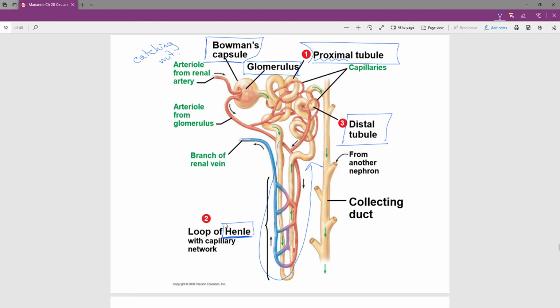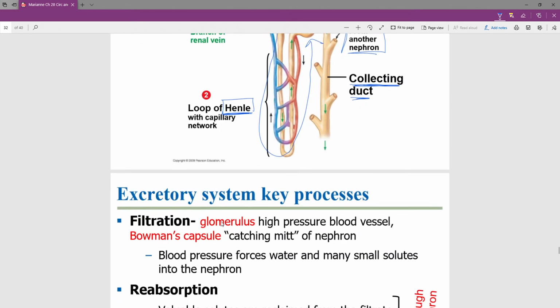And then on from the distal tubule that is at a distance, get it? So proximity, close proximity, distal, distance, and then into the collecting duct. And you have a whole lot of nephrons all joining into this collecting duct. So those would be the parts of the nephron.